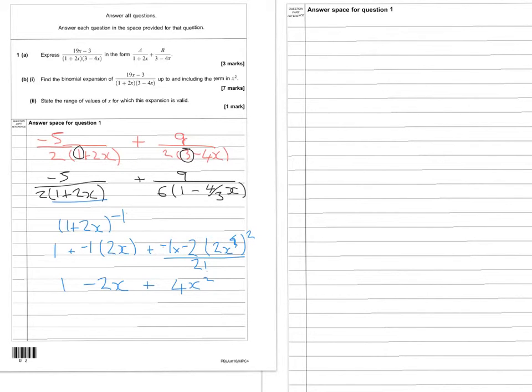Okay, and now I'm going to do this one here. So 1 minus 4/3 x to the power of negative 1.